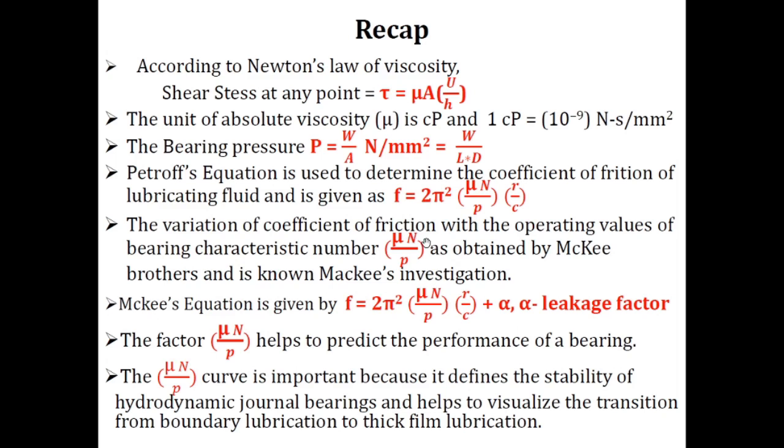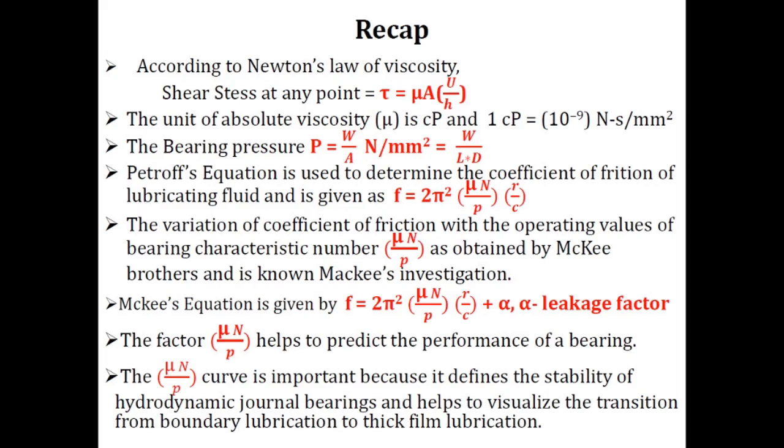We discussed in detail how the graph obtained in McKee's investigation helps us predict the performance of the bearing, and we saw this with the help of bearing modulus K, where the bearing modulus is the point where the value of the coefficient of friction is minimum.